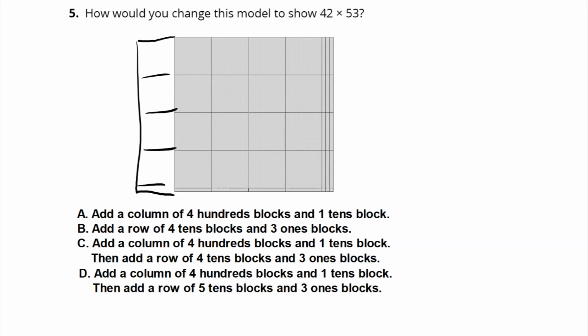Then it's saying to add a row of 5 tens blocks. 1, 2, 3, 4, 5, and 3 ones blocks. 1, 2, 3. That then gives us 1, 2, 3, 4, 5. So that's 50 plus the 3. And down the side, we've got 1, 2, 3, 4 hundreds blocks plus the 2 at the bottom. So we end up with a 42 by 53 model.